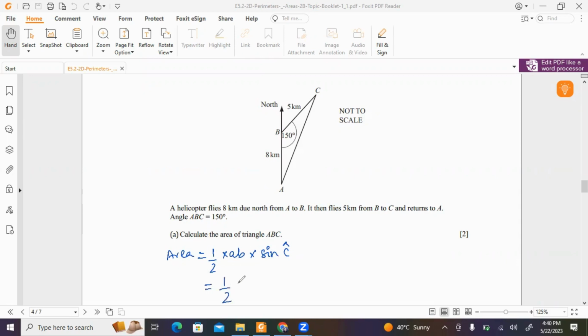The two lengths are 8 and 5, and the angle between them is also given, which is 150. So we do 1/2 times 8 times 5 times sine 150. That will equal 10 kilometers square.